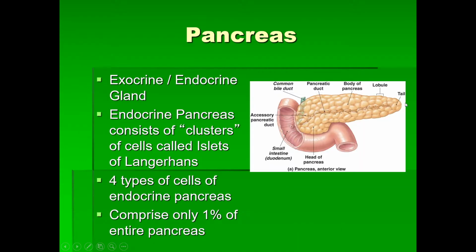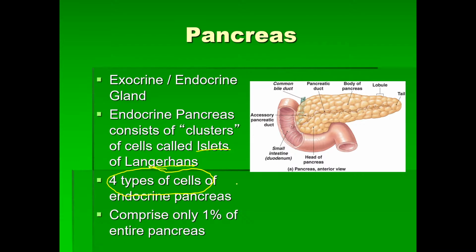Glucocorticosteroids, important hormones, are produced by the pancreas. The endocrine portion of the pancreas is referred to as the islets of Langerhans, and the islets of Langerhans have four different categories of cells.